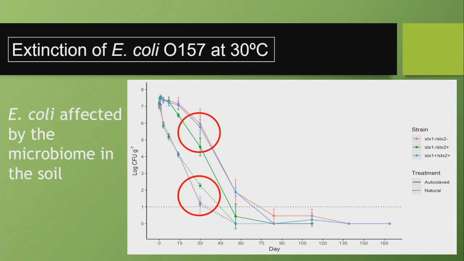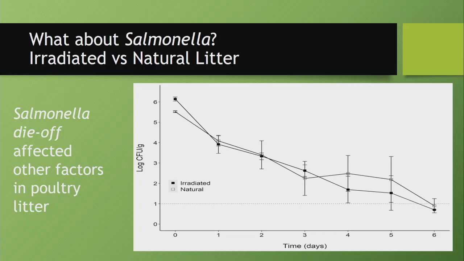At the same period of time, there's a much less significant reduction of only 1 or 2 log CFU per gram when they've removed all those natural microorganisms. So that kind of supported his theory a little bit on maybe there's something more going on with the natural community than just is it hot, is it cold, is our E. coli just being picky with temperature?